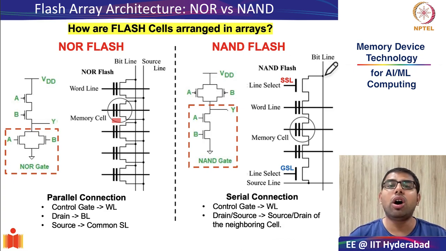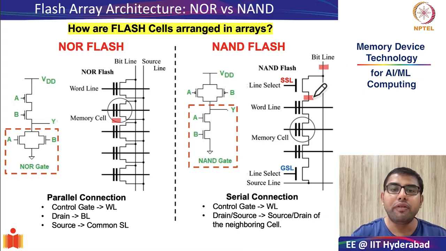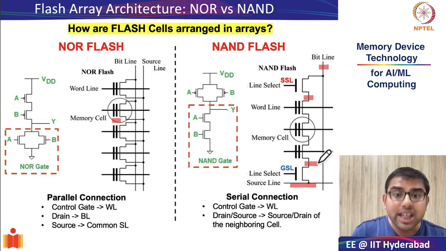Only one end of the bit line is connected to the drain of the first transistor in the string of NAND flash, whereas the source line is connected to the source of the last transistor in the entire string.